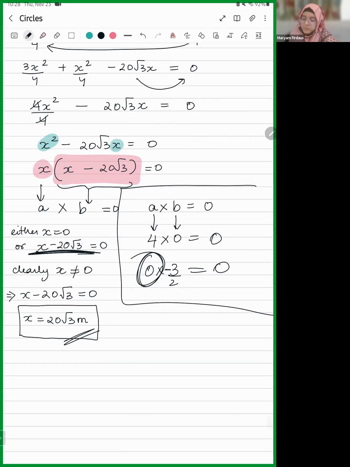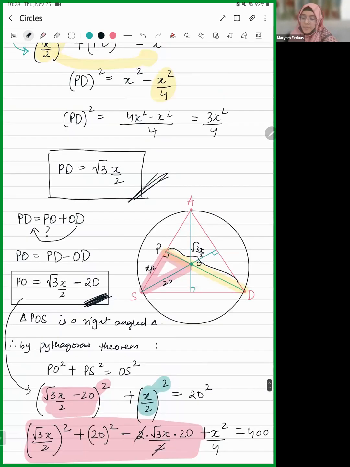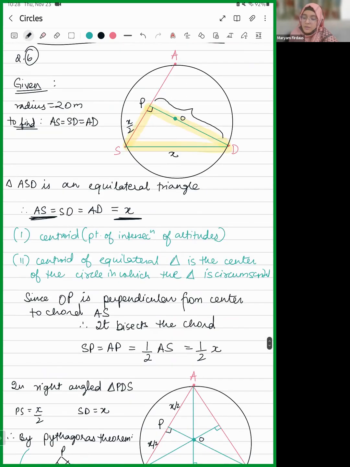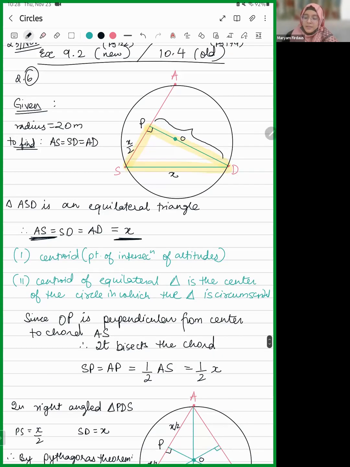Okay, 20 root 3 meters. So anyway, what we did was we first looked at this right angle triangle, the big right angle triangle. This is going to be half of the side. This is going to be half of x. So it's going to be x by 2.